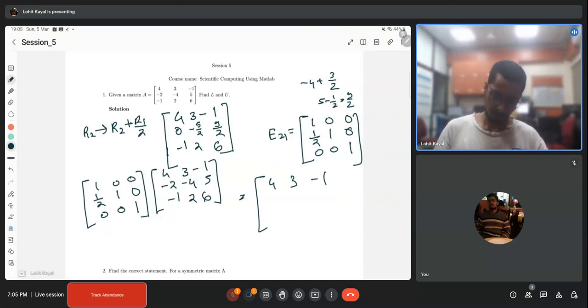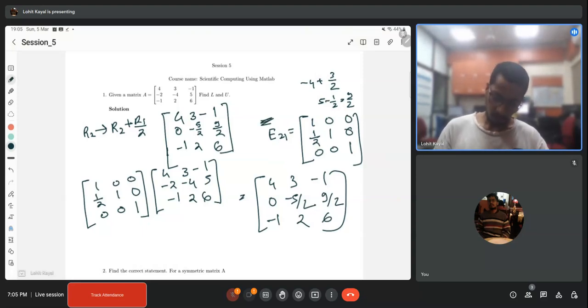The second row first column is half into 4, which is 2, minus 2, which is 0. Then 3 by 2 minus 4 is minus 5 by 2, and minus half plus 5 is 9 by 2, and the last row remains the same, minus 1 2 6. So this matrix is the correct one.